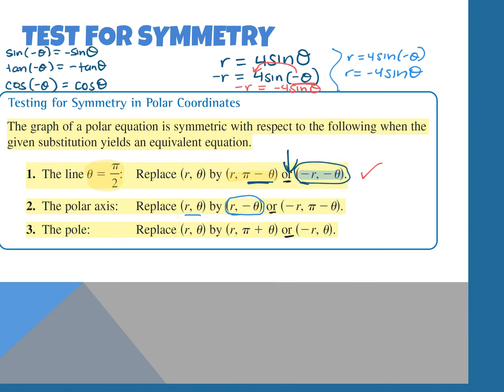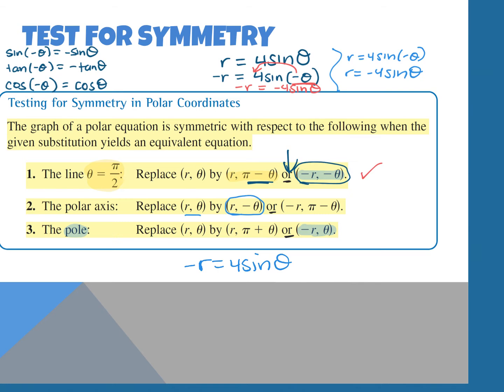And then the last one is the pole, and for the pole, we change r and theta to negative r and theta. So if I use that same equation, it would have been negative r equals 4 sine theta. And the negative on the r changed just part of my equation, so it would have failed that test as well.